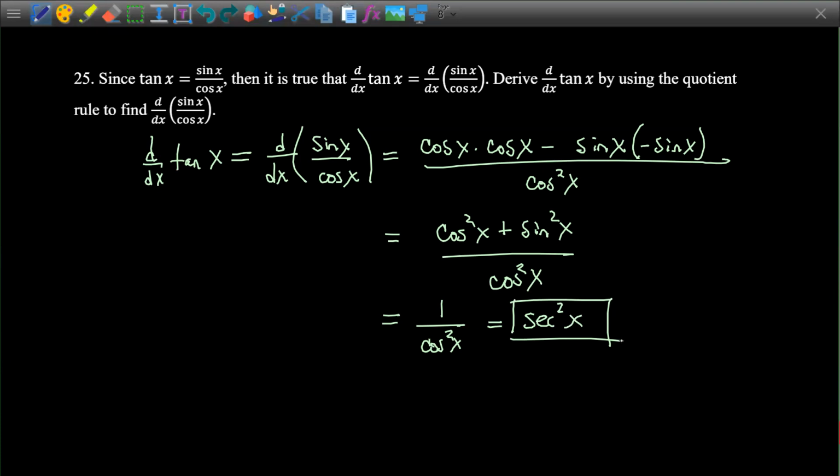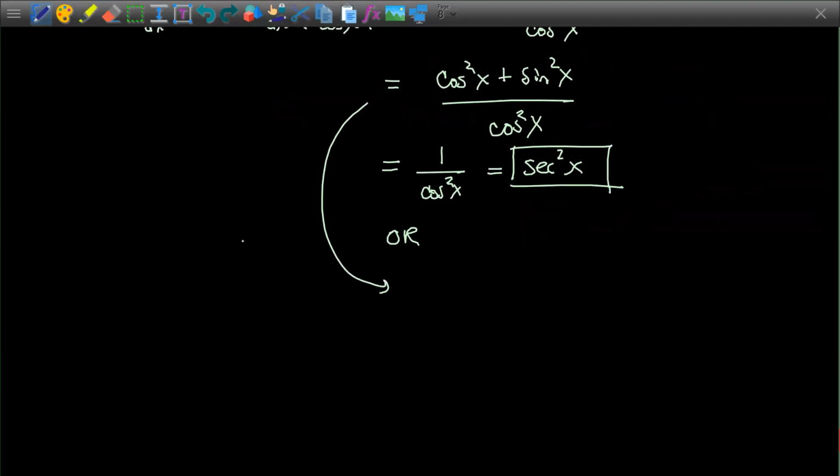Another way, by the way, is to take cosine squared plus sine squared over cosine squared and split that up. You have cosine squared over cosine squared, and then sine squared over cosine squared. And this is 1.